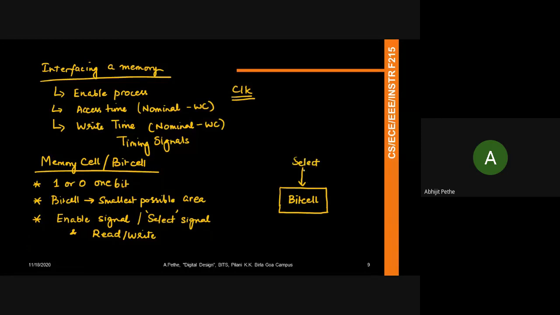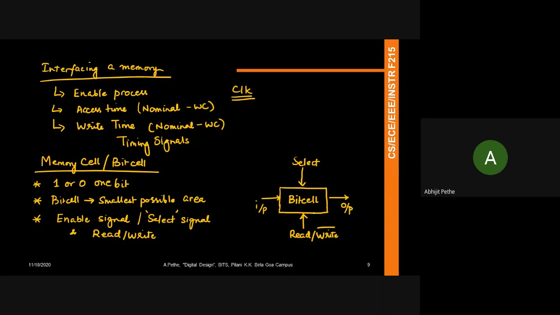So this line, when it goes high, enables this particular bit cell. You also have a read write line. So this line again, if it's zero, it's going to allow you to write. So we can sometimes write this as read write bar, right? So when this signal is zero, we are writing to the cell. When the signal is a one, we are reading off the cell. And then we have two ports, an input port and an output port, right? So this covers all the basic functionality of the bit cell.